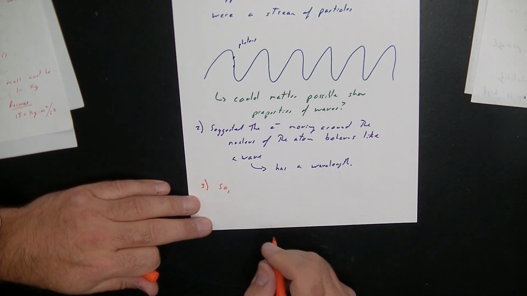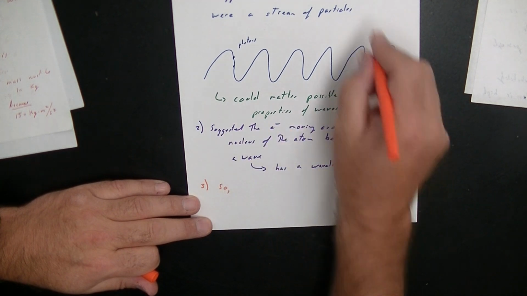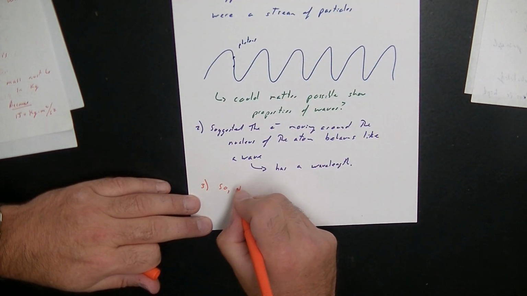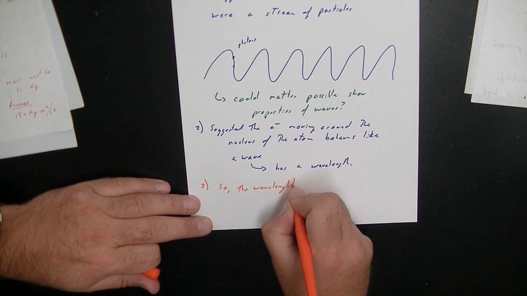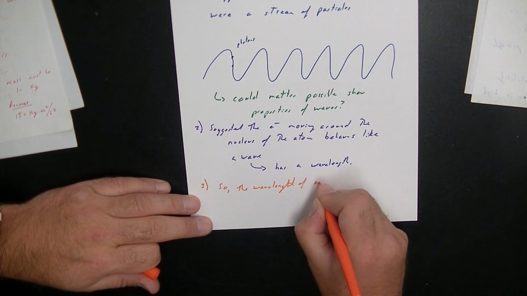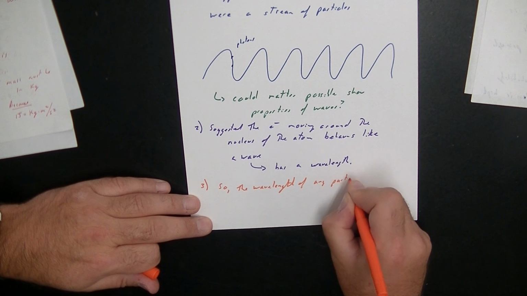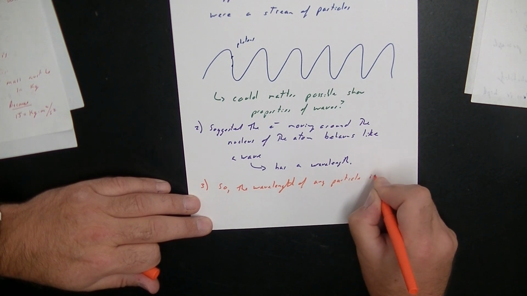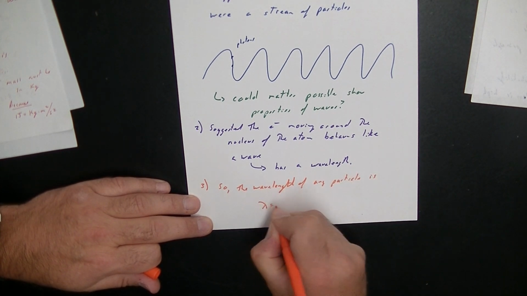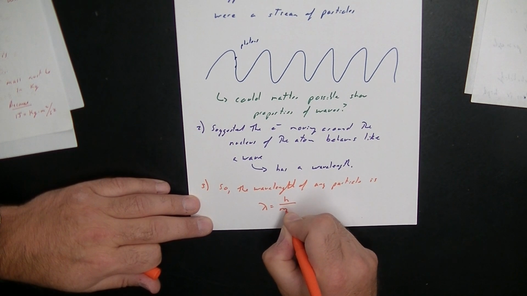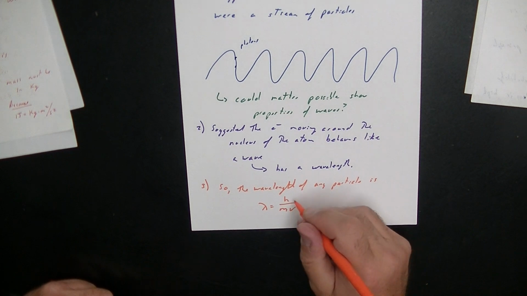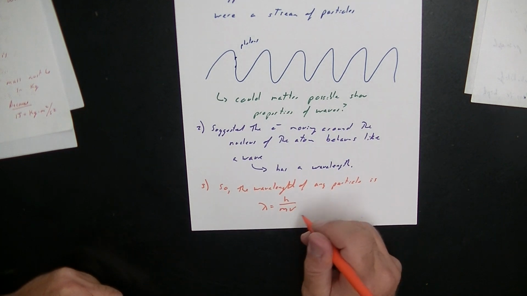So, because of this, the wavelength of any particle is wavelength equals h over mv.